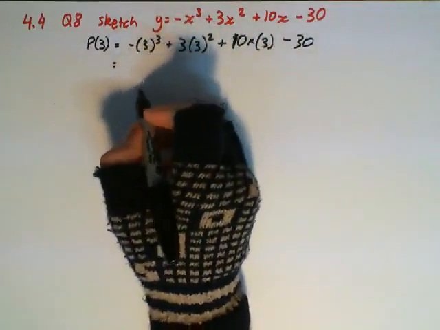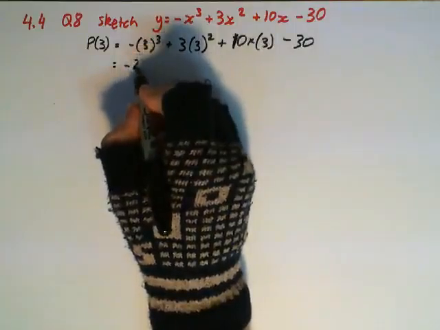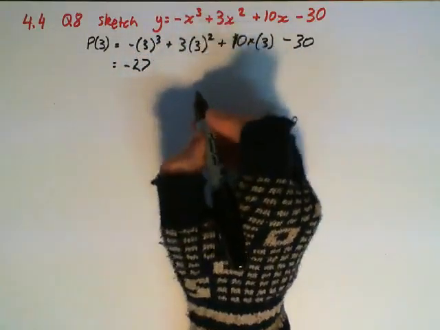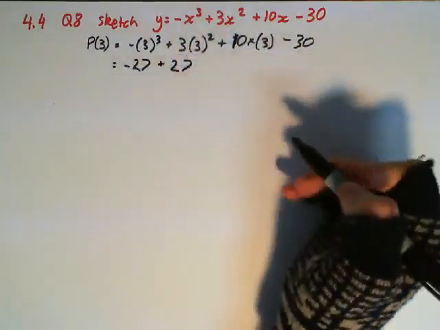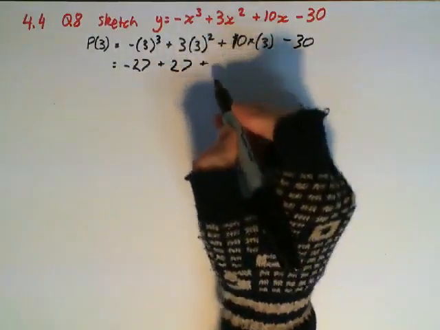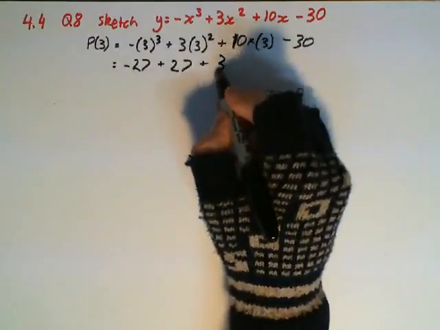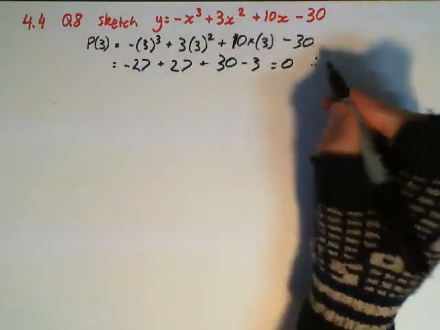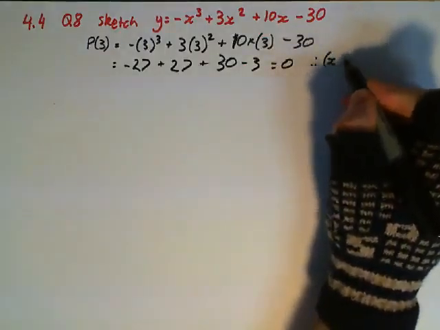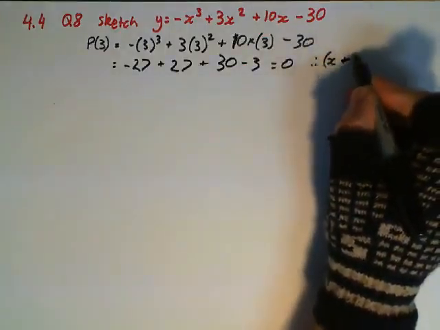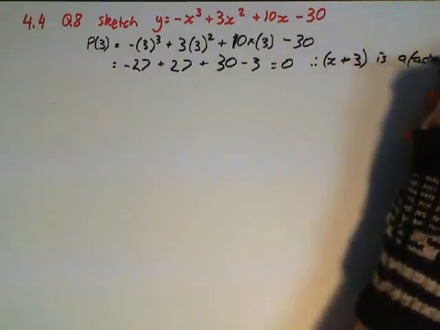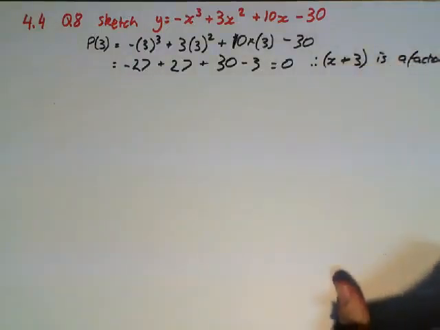Now 3 cubed is 27 and we've got a minus there, so minus 27. 3 squared is 9 times 3 gives us a positive 27, so already we can see it's going to work. So 30 take 30, okay, equals 0. So therefore we can say x take 3 is a factor.